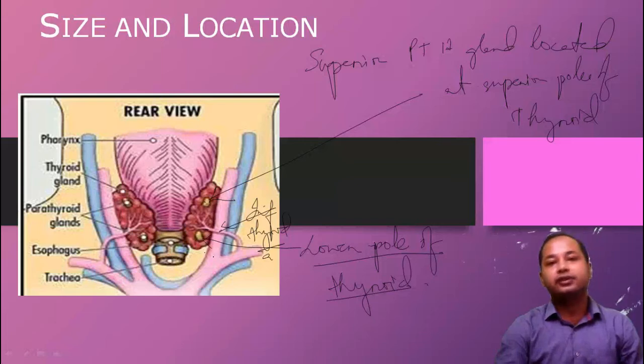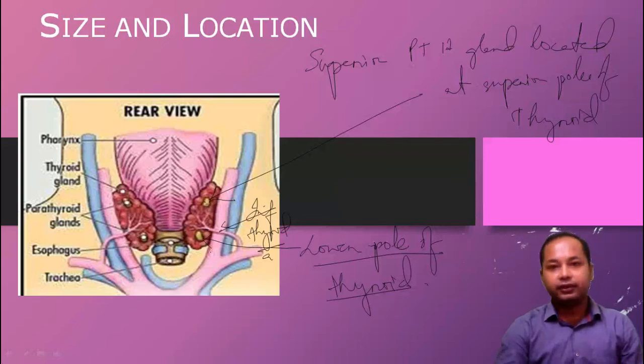In certain textbooks it is written it is inside the true capsule. So generally both the parathyroids are supposed to be positioned between the true capsule and the false capsule. But the inferior parathyroid may be positioned inside the true capsule also.